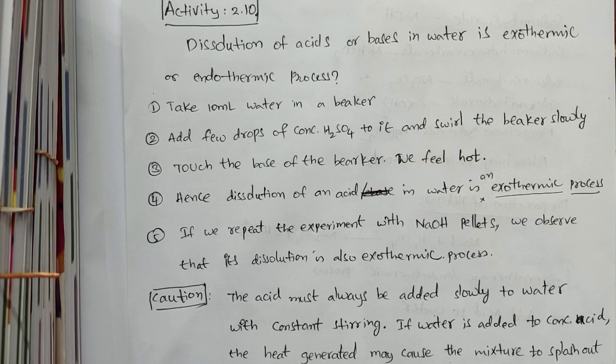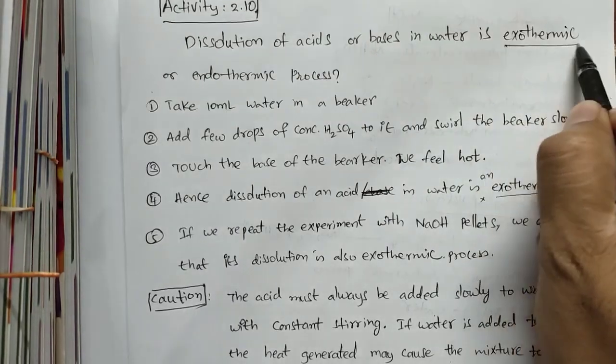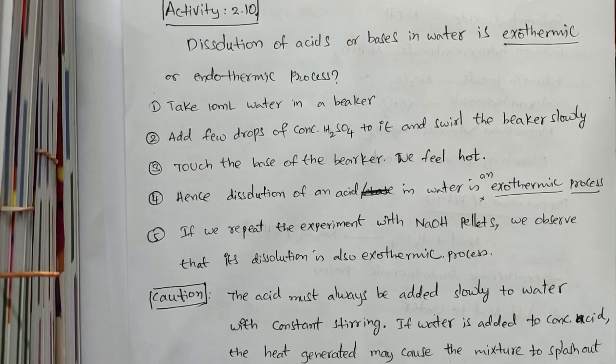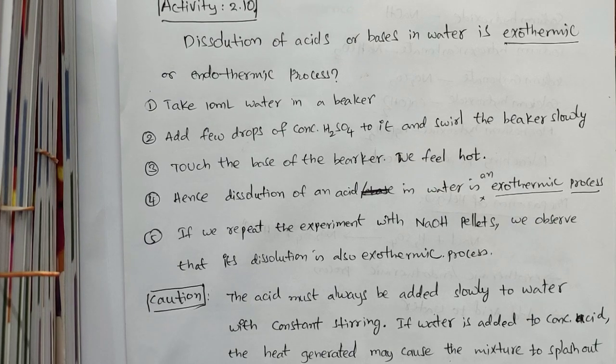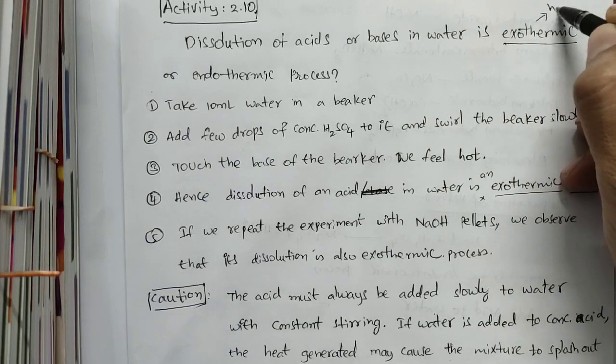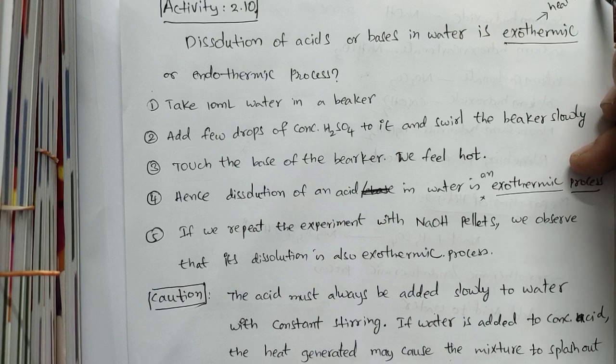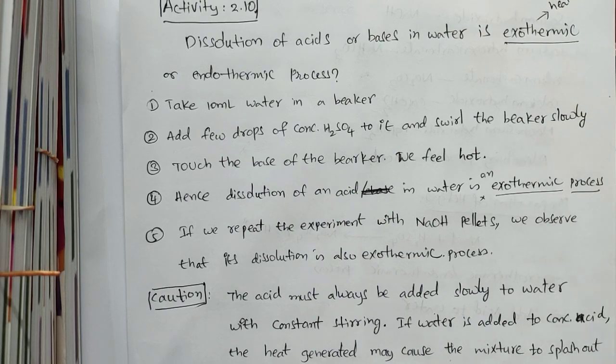First we should know what an exothermic process is. You might have learned about this in your lower classes. An exothermic process is a process in which heat is liberated or released, a heat releasing process.